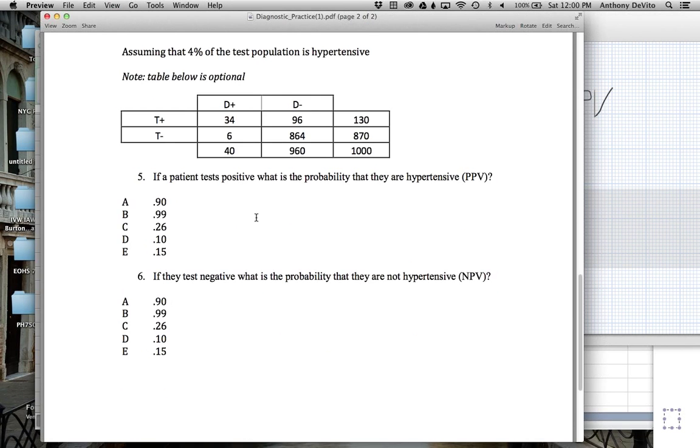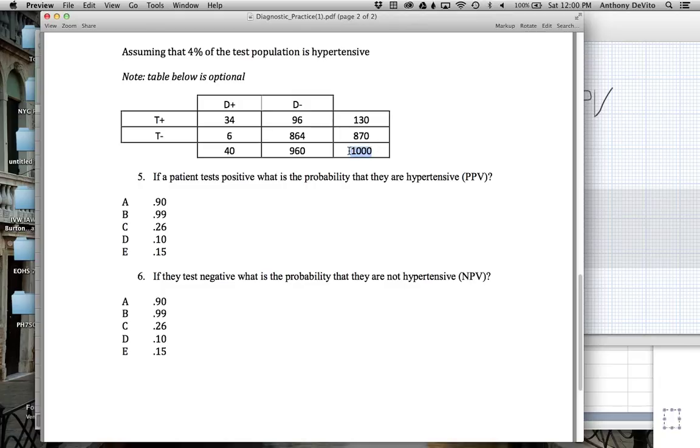Now, they redid this study with a population that had a lower prevalence of hypertension. There weren't as many people that were hypertensive. Let's look at what happened here.